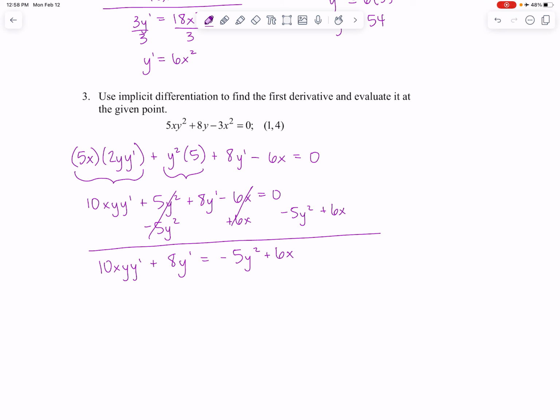Okay, now we will factor a y prime out of each of these terms. So we have 10xy left plus 8 left. On this side it stays the same.